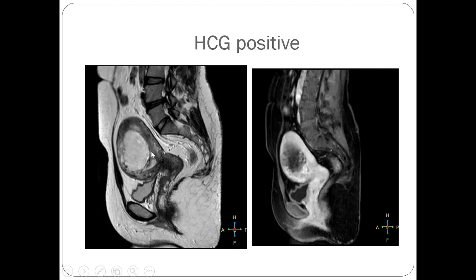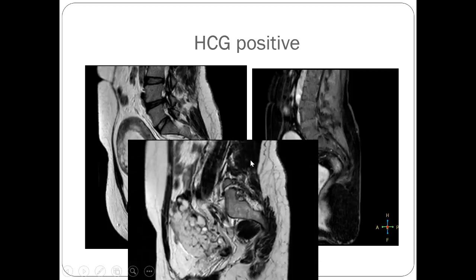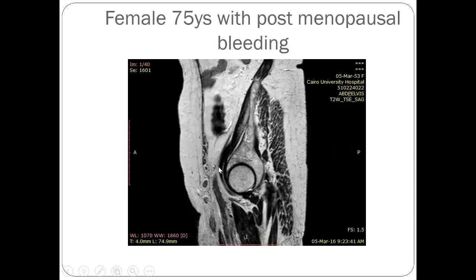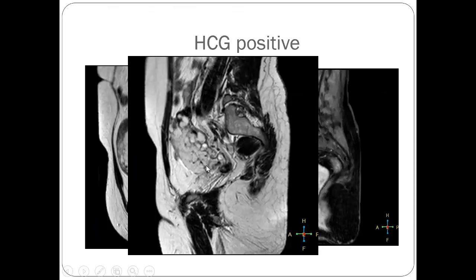Here the junctional zone is preserved, and here there is infiltration of the junctional zone, and there are dilated vessels in the adnexa, and also a soft tissue mass lesion present in the adnexal region.